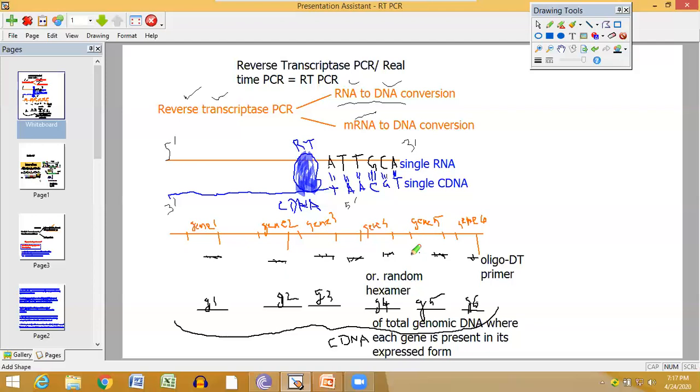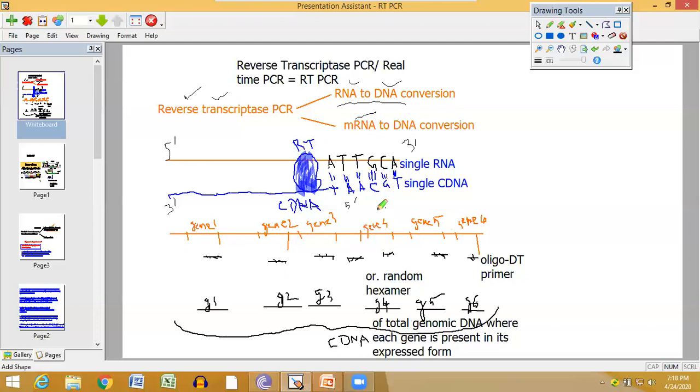So all the genes are expressed, meaning all the gene transcripts are there in your mRNA. You have to synthesize all the genes back when you are making the total genomic cDNA, which is transcribed in the mRNA.